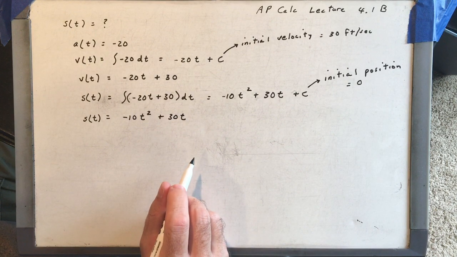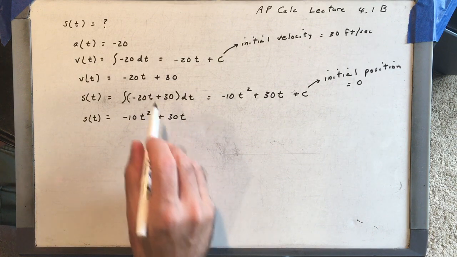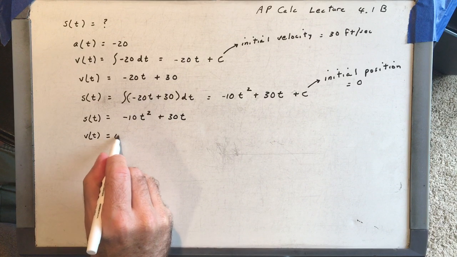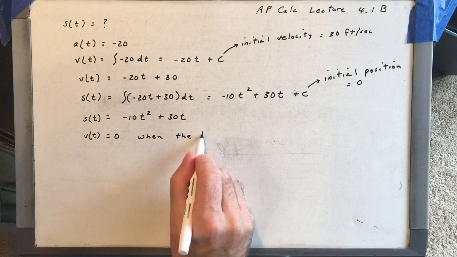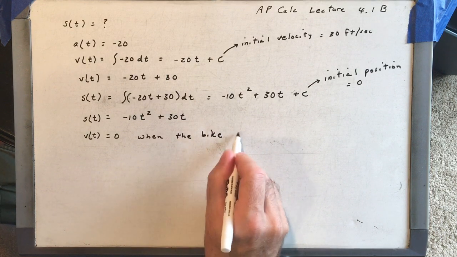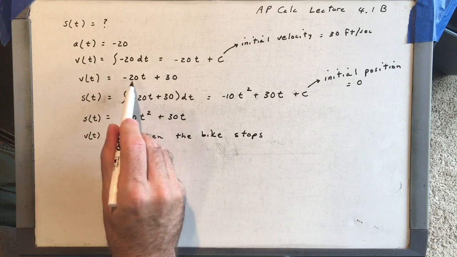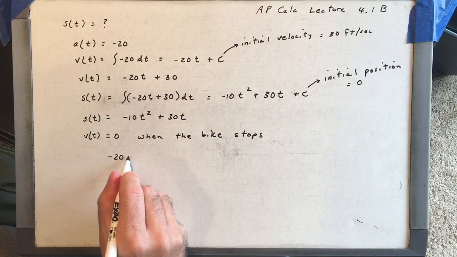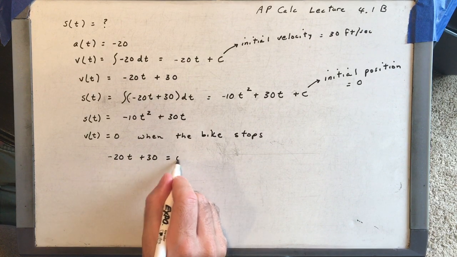Okay, so what length does it take the bicycle to stop? Well, we don't know the time, but we do know that the velocity is equal to 0 when the bike stops, right? So how about we get the time by setting the velocity equation equal to 0. Negative 20t plus 30 equals 0.